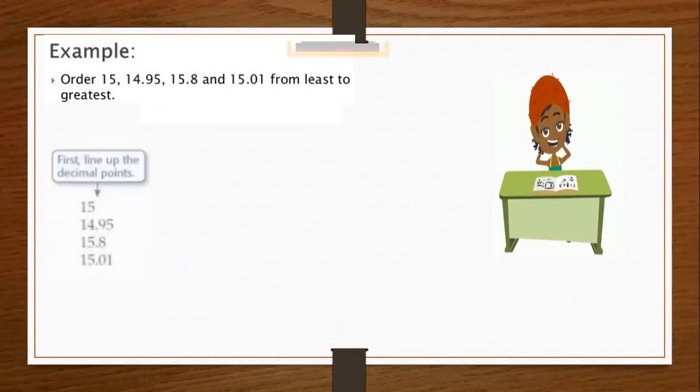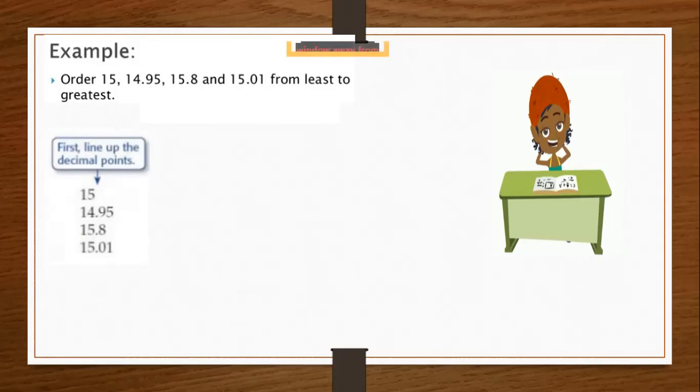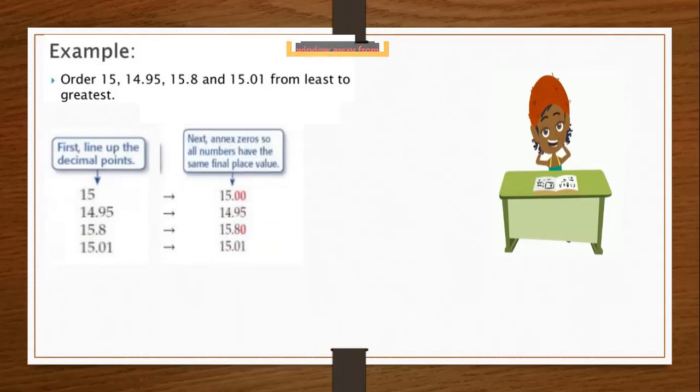As we mentioned before, you have to line the decimals up. So we're going to line them like that, such that the decimal points are all exactly above each other, and the place values of the numbers are lined up under each other. We will see that the first number, which is 15, has no decimal point.